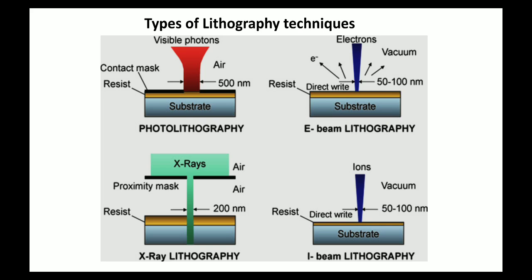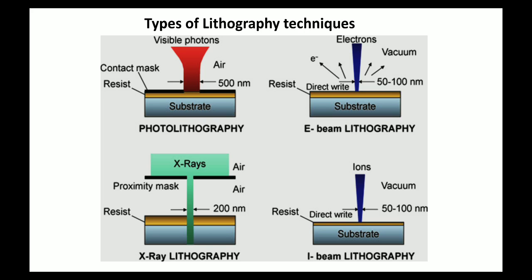The second is electron beam lithography. The third is X-ray lithography, and the fourth is I-beam lithography. I-beam lithography means ionic beam lithography, a beam of ions.